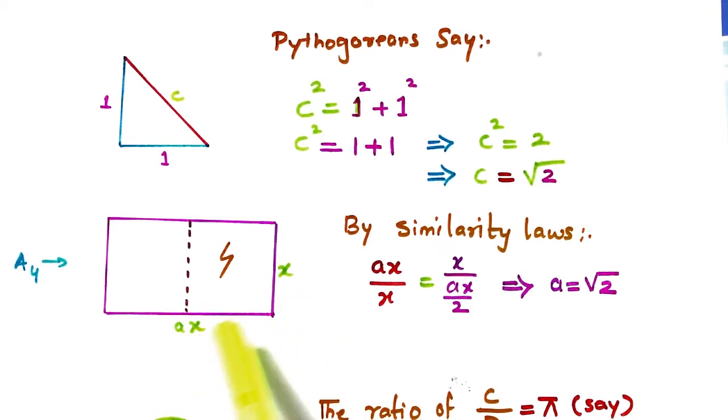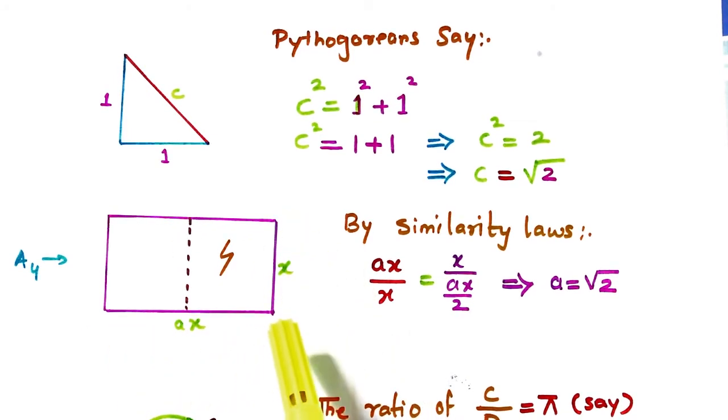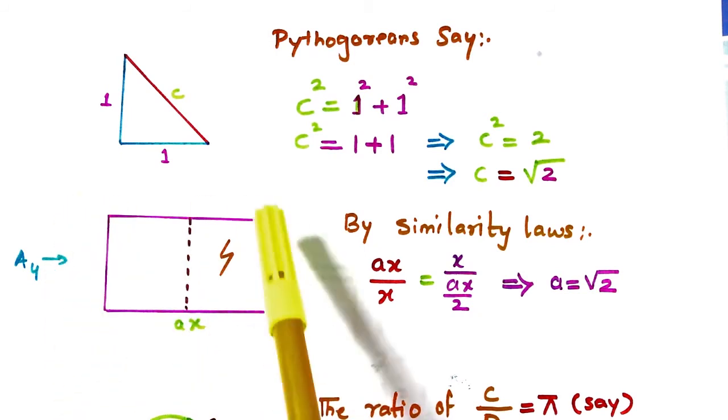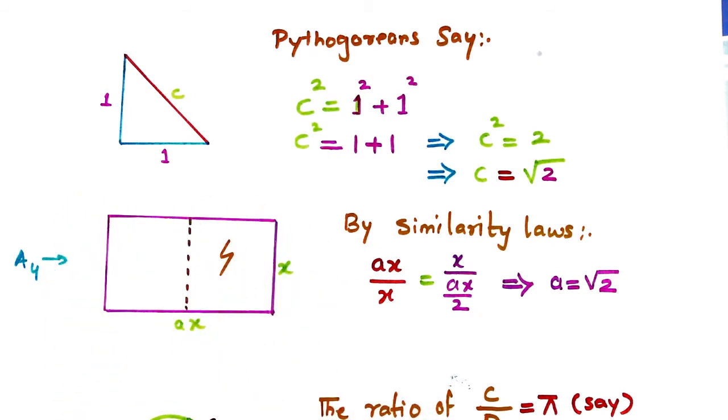The length is a times bigger than the breadth, and now I've got the ax as a length and the x as a breadth of a bigger rectangle over here. Now I'm dividing this rectangle in two parts from the middle. Then I'm getting another rectangle with this side equal to ax by 2. We have got the other side equal to x.